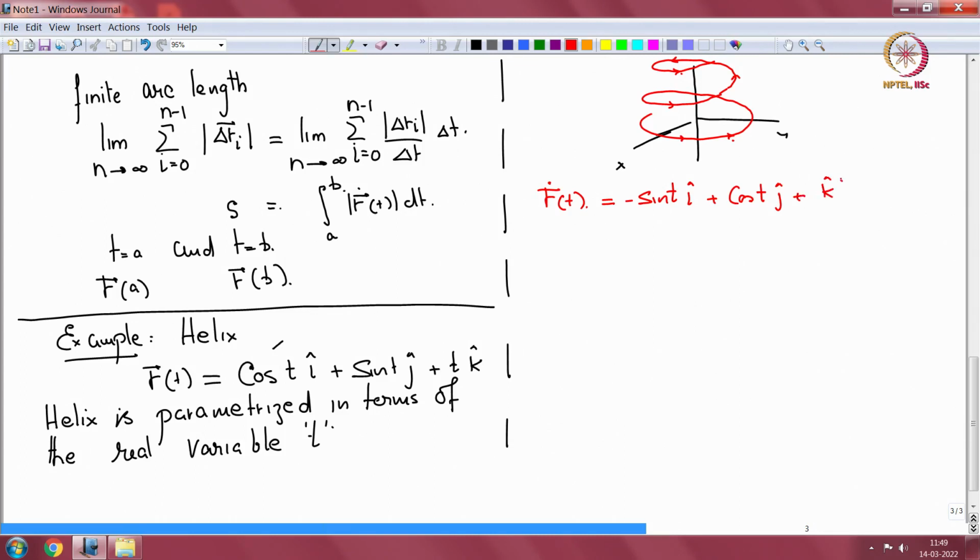Okay. And this describes the tangent at every point on the curve.